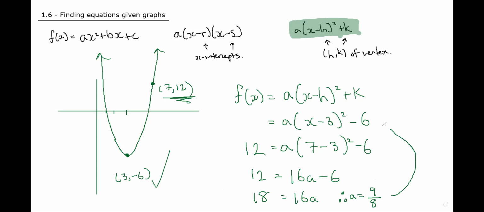So putting it back, my function is going to be, remember, we're leaving x and y all alone. The whole point is to create an equation where, if you input an x, you can get out a y. So this is your final equation.